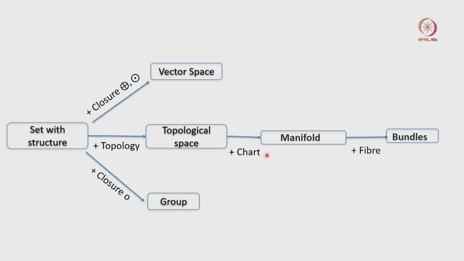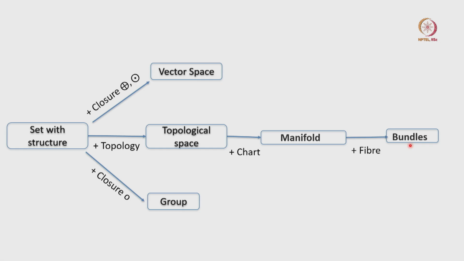It is not really a coordinate, but roughly speaking a coordinate, which means we can take an abstract space and map it to R^d, d being the dimension, a real number, which we will do locally, called a chart. Once we can do that, a topological space becomes a manifold or topological manifold. And then on every point on a manifold, we can add additional space like a vector space or group or Hilbert space and things like that, and the entire thing we will call a bundle.